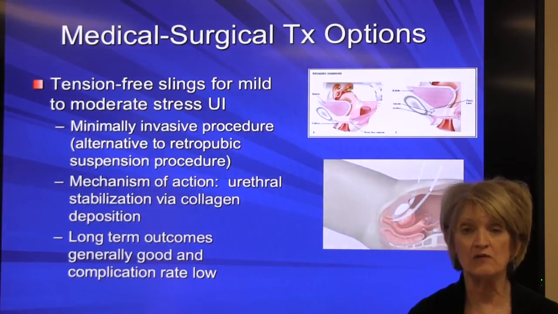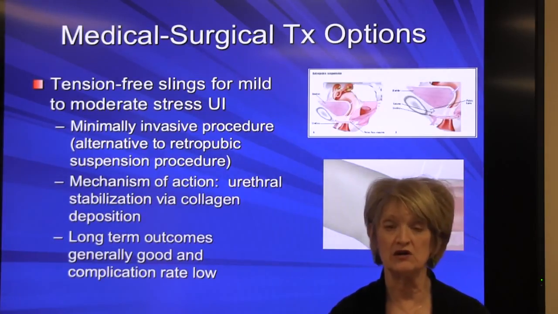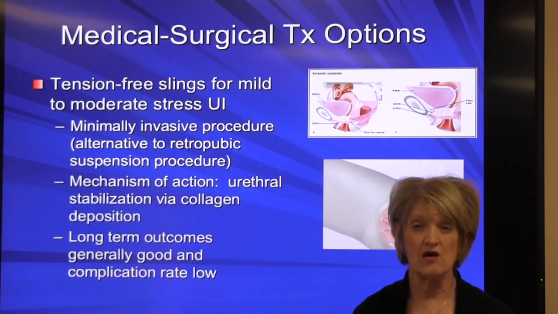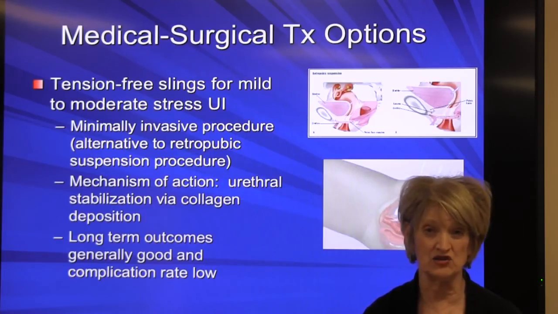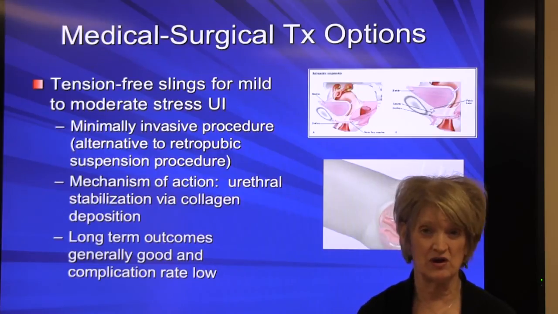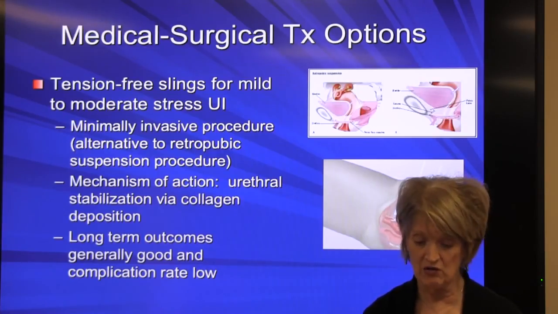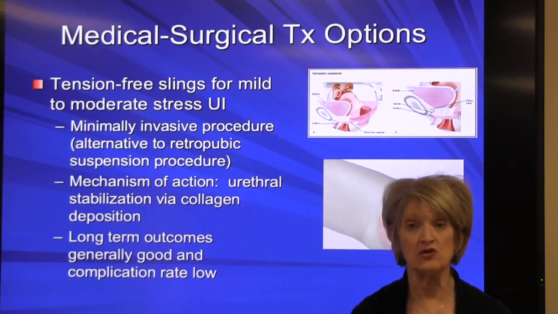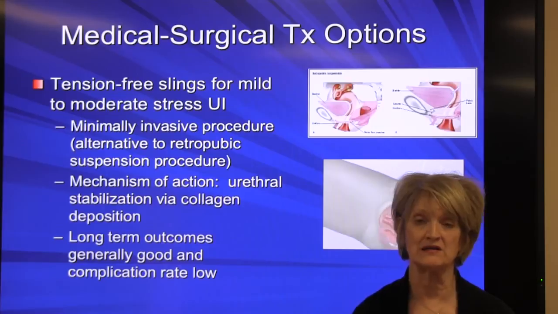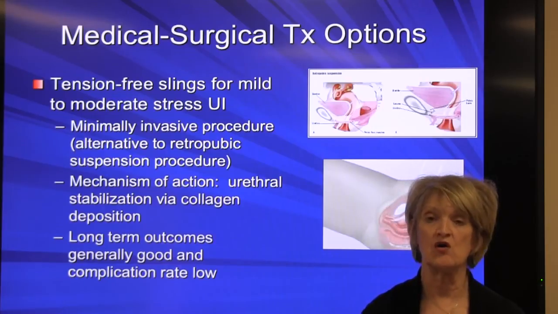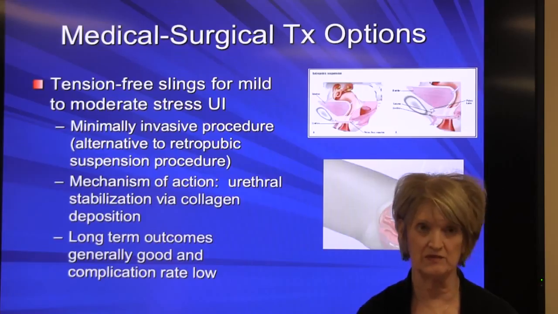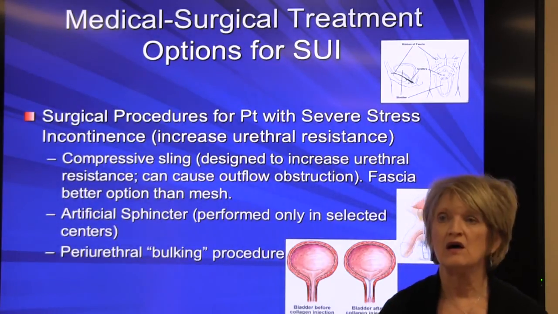Now, long-term outcomes have been generally good, so 80 to 90% continence long-term, relatively low complication rates, done as a day-stay procedure, and generally very well tolerated. So that's certainly another option for a woman who has incontinence related to weak pelvic floor muscles that allow the sphincter to drop out of position.